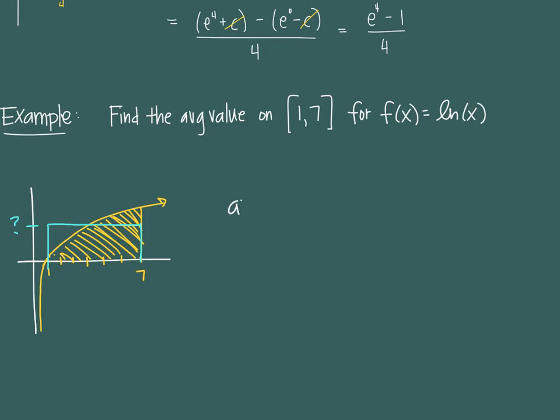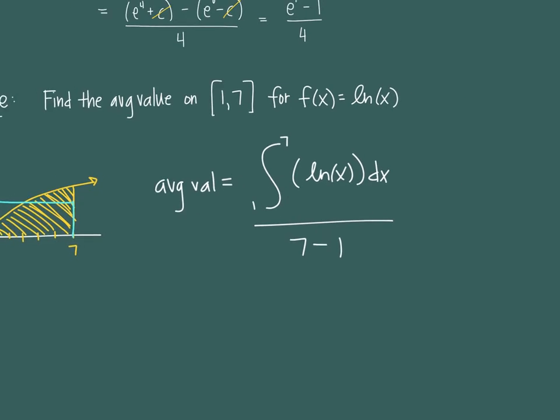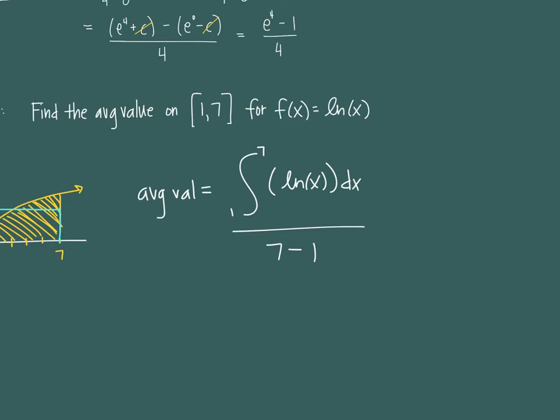And so we set this up the same way. The average value is set up as the integral from 1 to 7 of the function, the natural log of x dx, over the interval 7 minus 1. Now you don't know how to do the antiderivative of the natural log of x yet, because the natural log of x is not anyone's derivative.